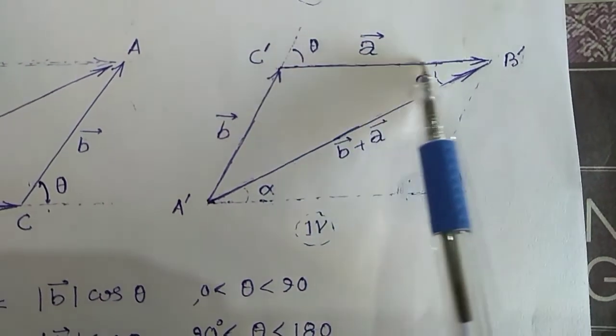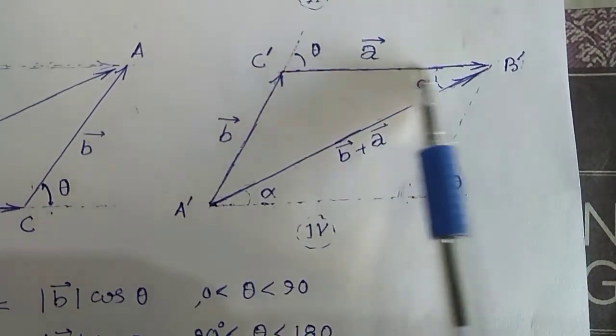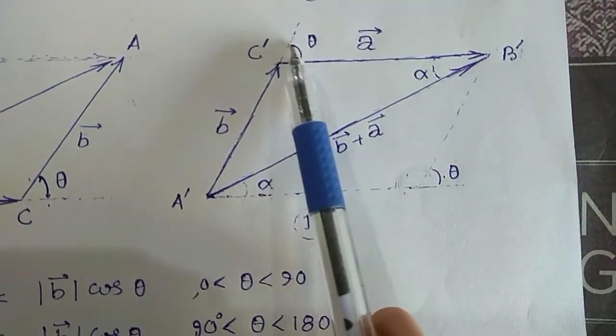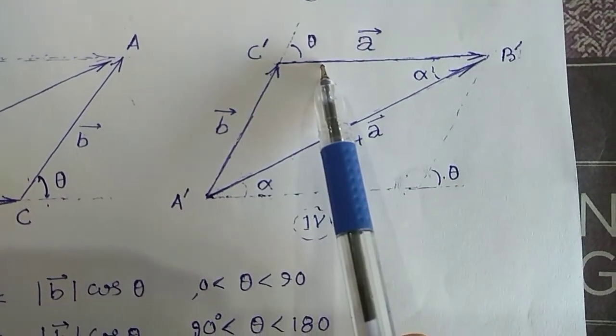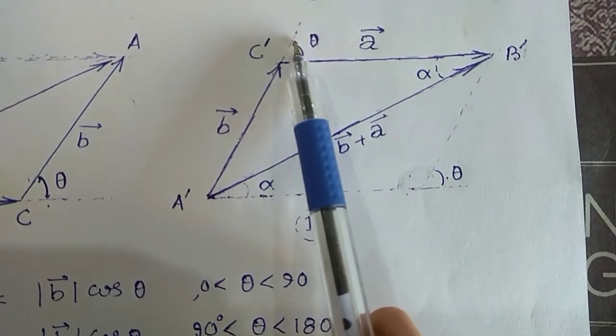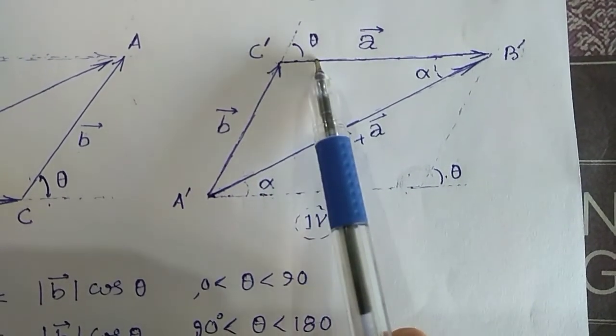Here you see clearly the vector A and the vector B, and theta is also the angle between vector A and B again here.